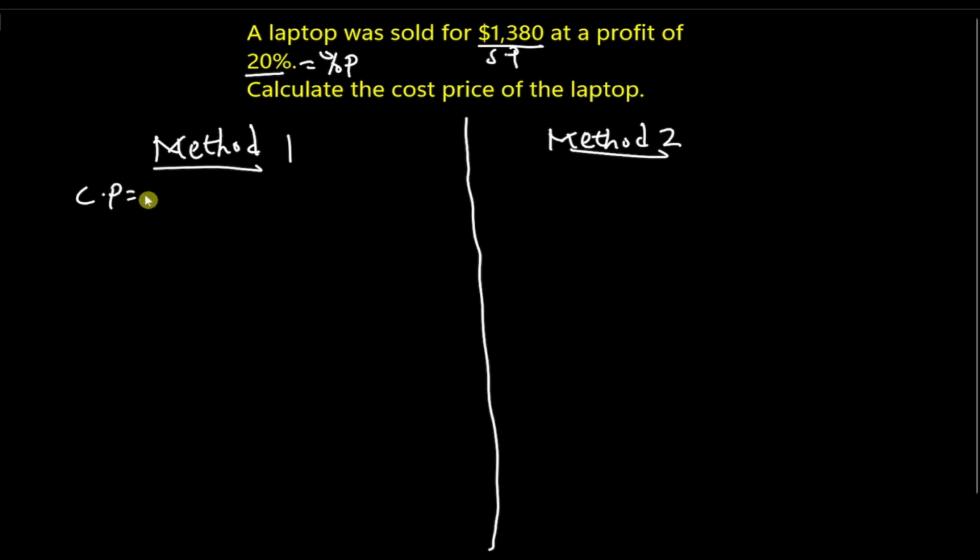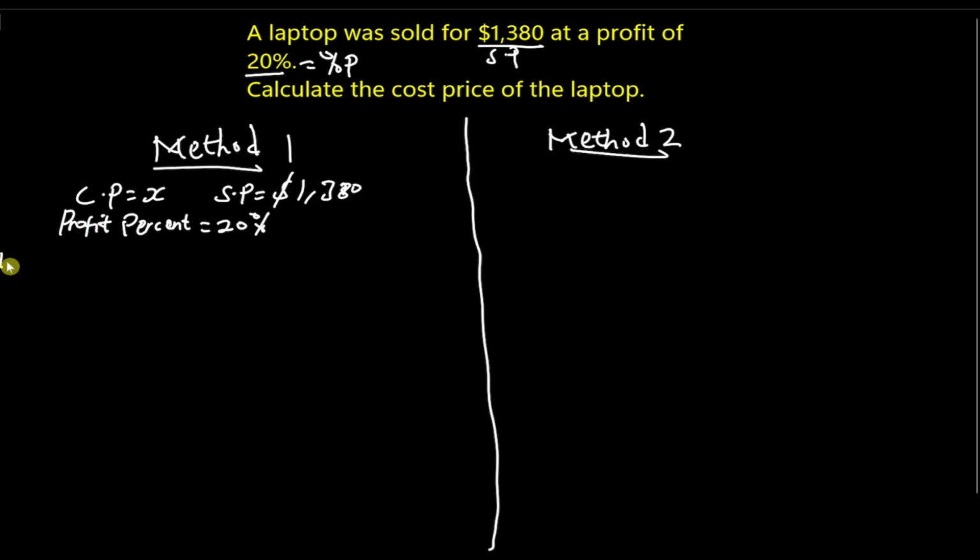Since we don't know the cost price, let's use a variable for it. The selling price is 1,380, and the profit percent is giving us 20%.